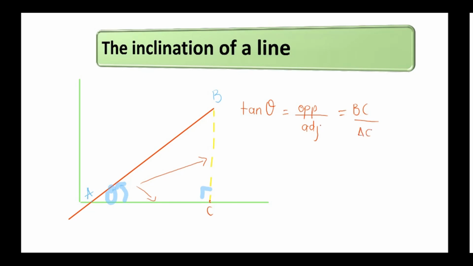And that, if you guys can see, is also the same as saying your change in Y over your change in X. Therefore, it is safe to say that the gradient of our line AB is equal to the tan, or the angle of inclination, tan of theta.